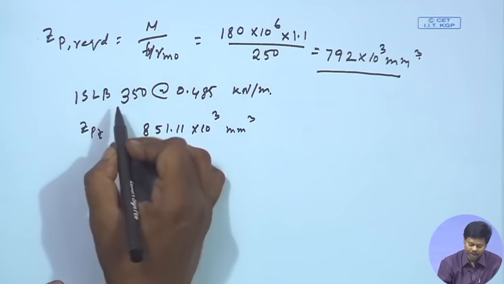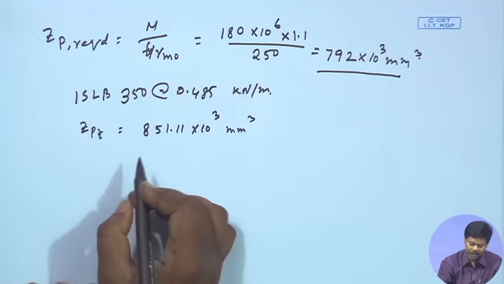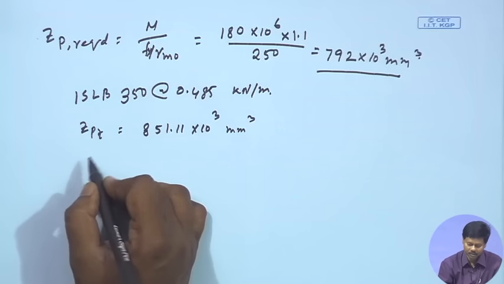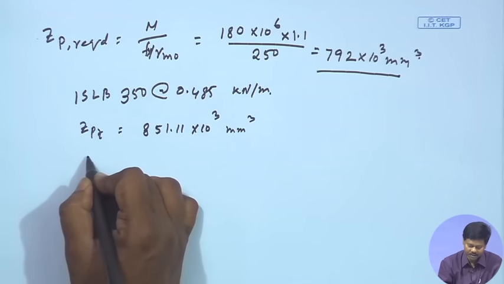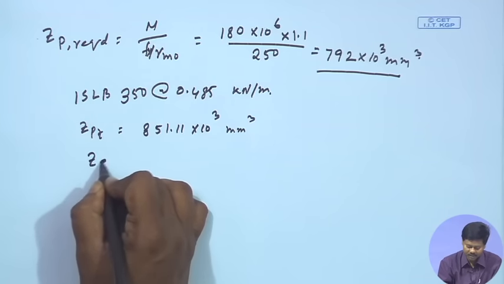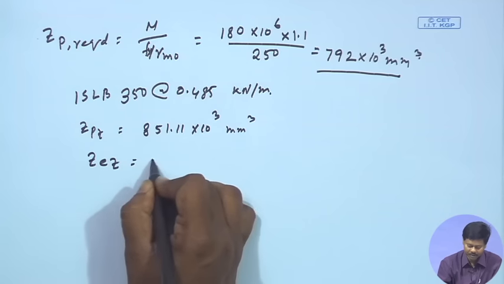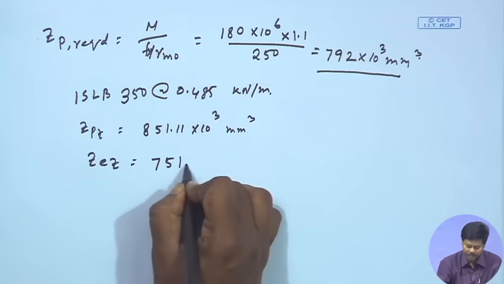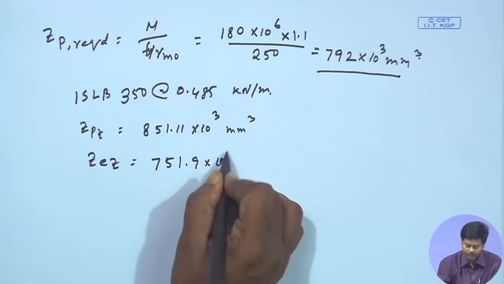If we use ISLB 350, we can find its properties, like the elastic section modulus Zez, which is 751.9 into 10 cube.